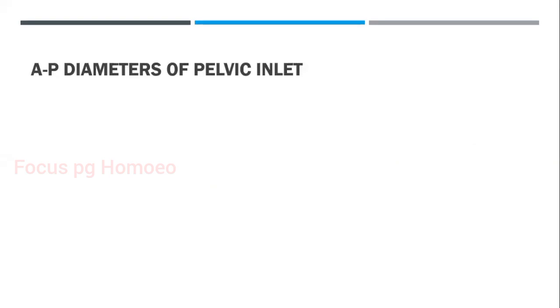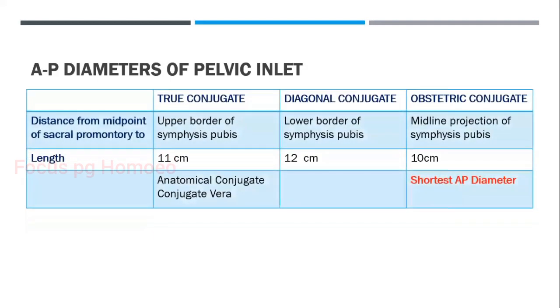Now, which are the antero-posterior diameters of the pelvic inlet? Here you can see the true conjugate and diagonal conjugate. In the transverse, we saw the bispinous diameter. When it comes to the antero-posterior diameter, there are 3: true conjugate, diagonal conjugate, and obstetric conjugate.